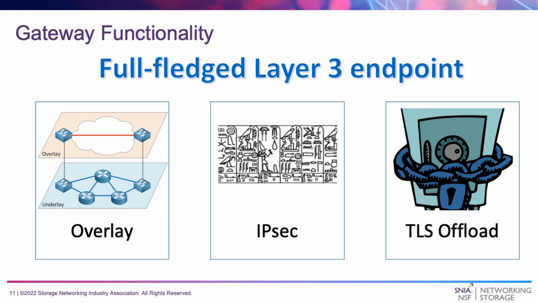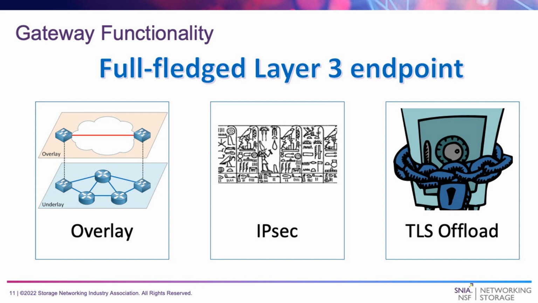So, for example, support software-defined networks, or tunnels that you may want to use to support security. So either at the IPsec level, in which case you may want to implement either tunneling solutions or the transport mode encapsulation, or you may want to support the offload of TLS.